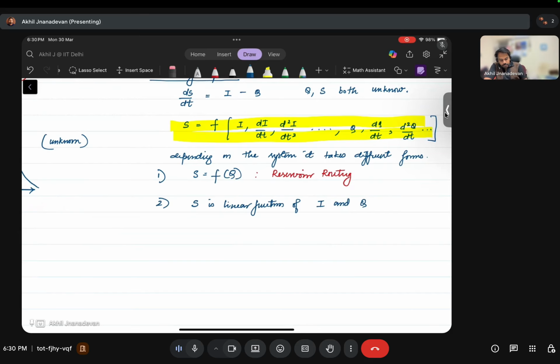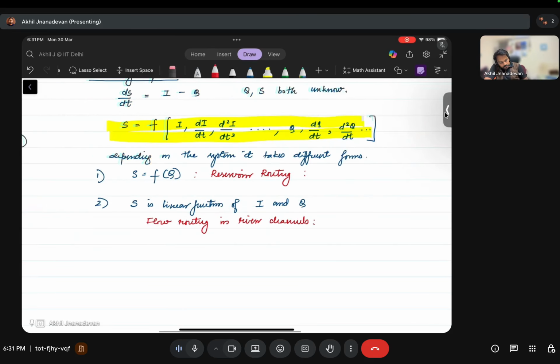Then the method that will be used is called flow routing in river channels, and this is the basis that is used in our Muskingum method.